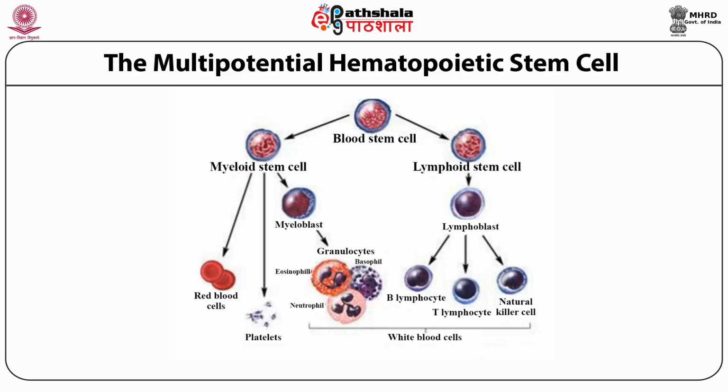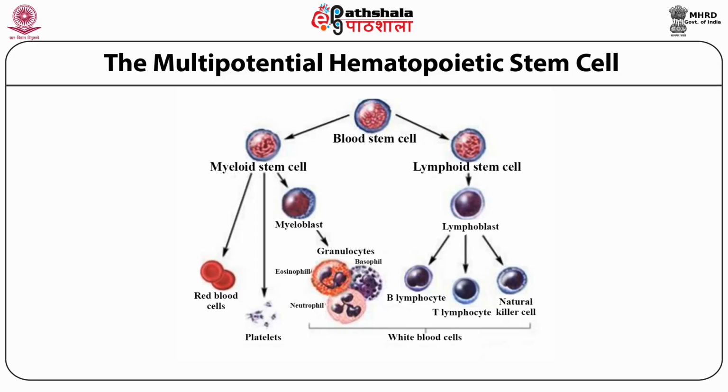The development of these blood cells is called hematopoiesis, and that is why this stem cell is called hematopoietic stem cell. The phenomenon of hematopoiesis begins in the early yolk sac. During embryogenesis, this process moves over to the fetal liver, fetal spleen, and in the bone marrow of the neonate and the adult.